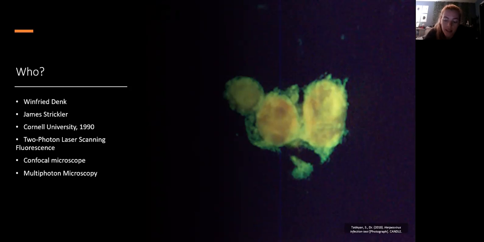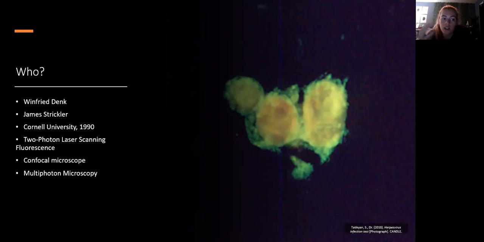So the fluorescence and the photobleaching were confined to the vicinity of the focal plane for the two-photon fluorescence. They had also used a confocal microscope, which is known for blocking out certain structures and being able to focus in more and create a sharper image.